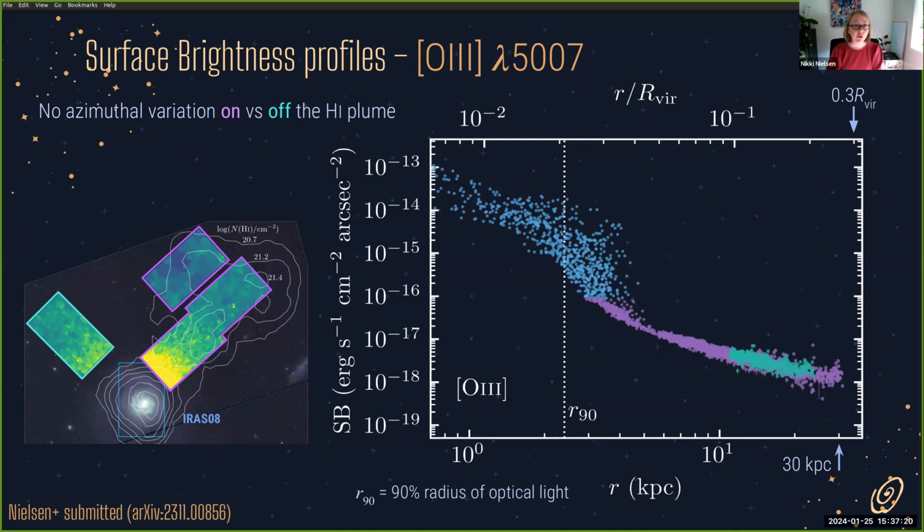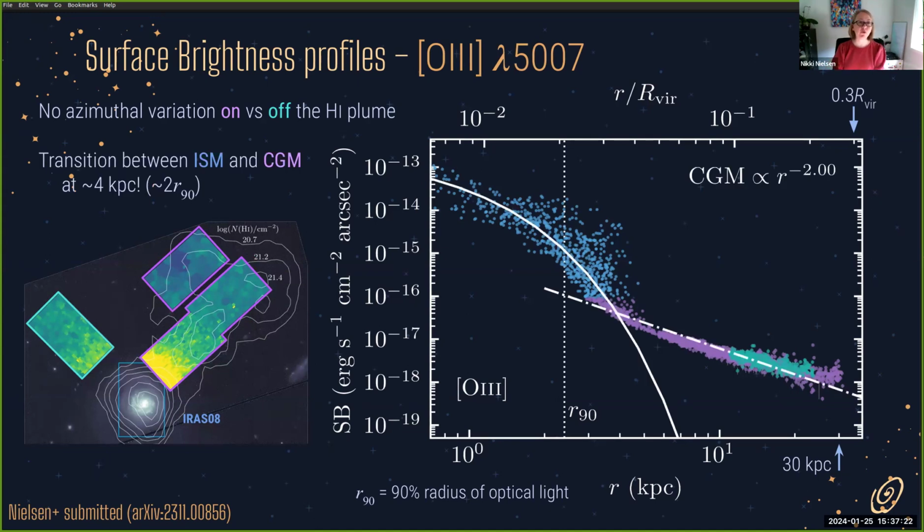Another interesting thing to note is the shape of this profile. We went in and fitted two different curves to the data. Within the disk of the galaxy, we fitted an exponential to the ISM, and then the CGM was better modeled by a power law with a slope of r to the minus 2.